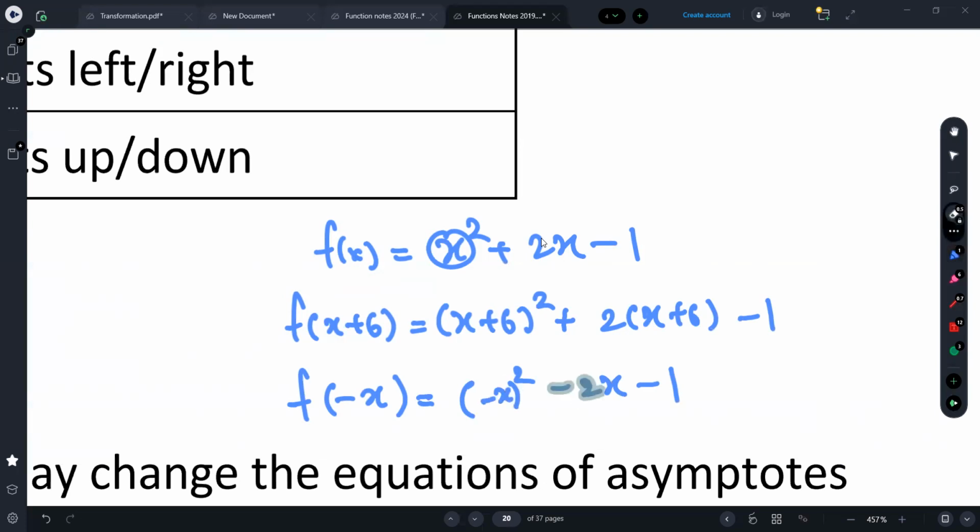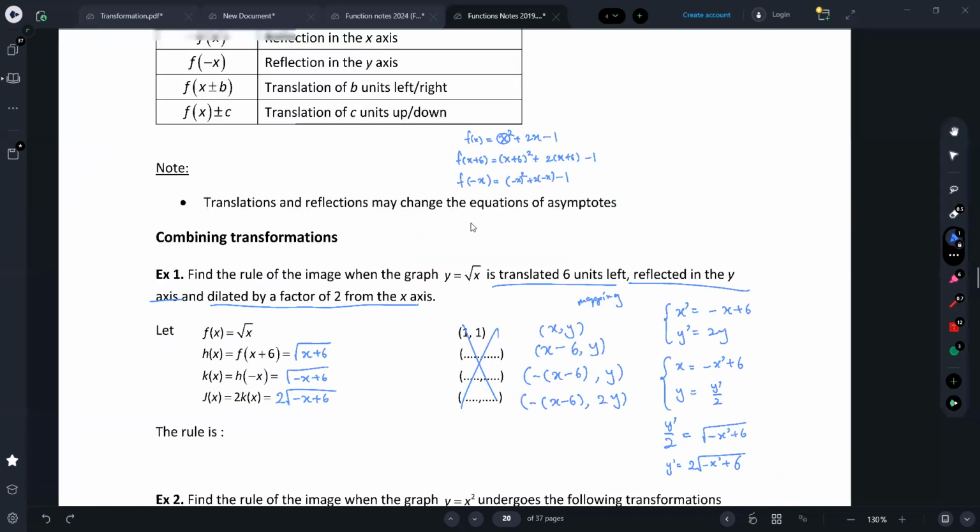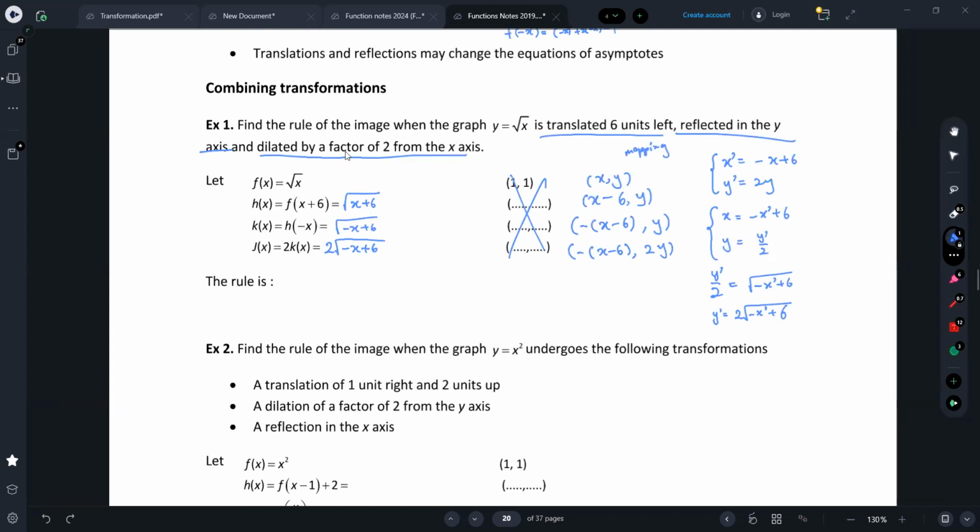Technically, I shouldn't be skipping steps. I should have 2 negative x, like that. In which case, you will tell that this one, the negative actually cancels out. So that's just something you should be aware of. That's the difference between the two methods. They both work, obviously. It's just a matter of what your preference is.